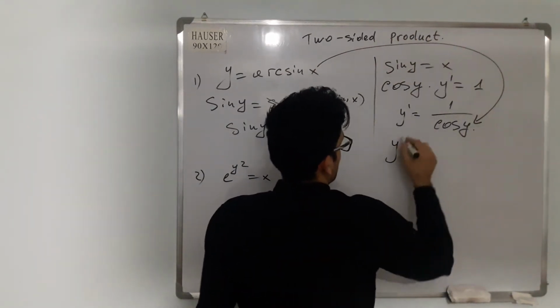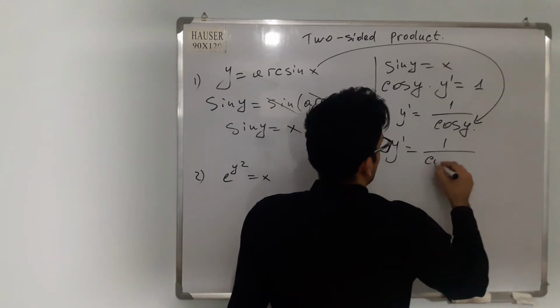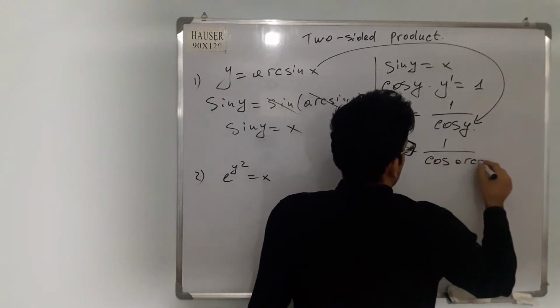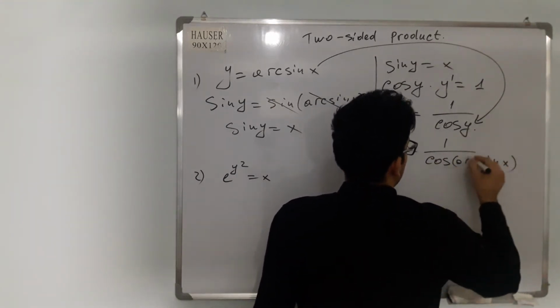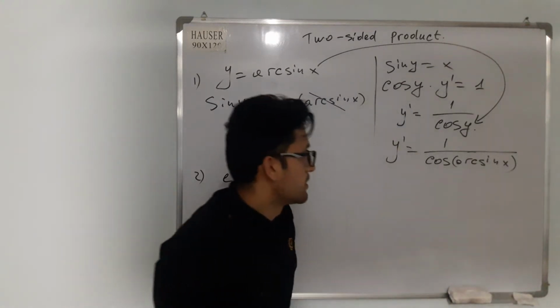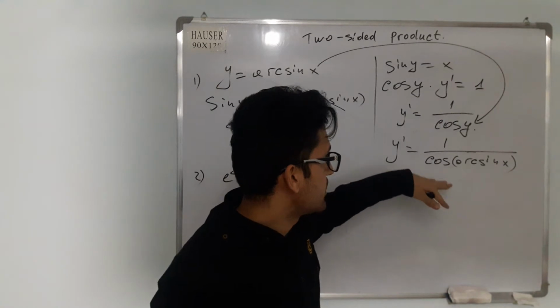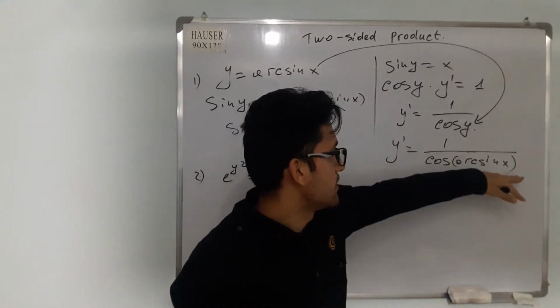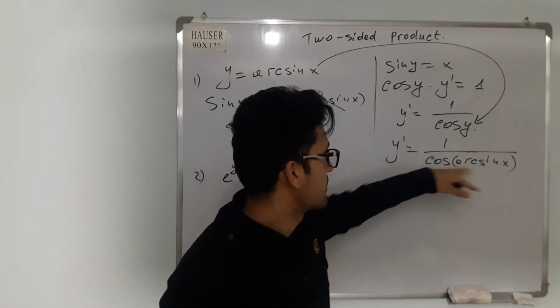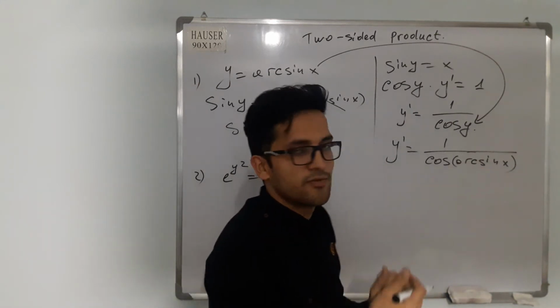After that it will be 1 divided by cosinus arcsinus x. So here we should use some formulas to write this only with x instead of other expressions.